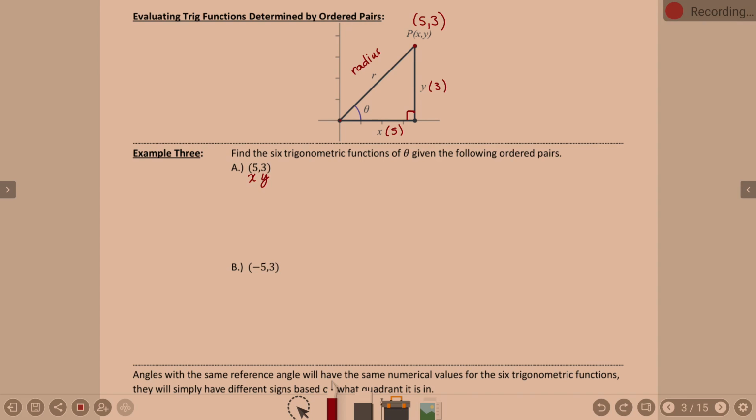Okay, instead of a, b, c, I'm going to say x squared plus y squared equals r squared. Because we'll need to know r for this problem, 5 squared plus 3 squared equals r squared.